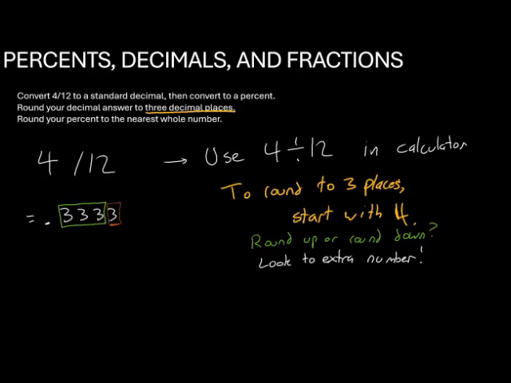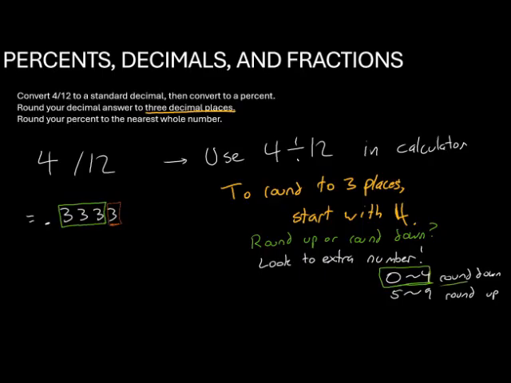If that extra number is between 0 and 4, we will round down. If that extra number is between 5 and 9, we will round up. Since our extra number is 3, this means that 3 is between 0 and 4.